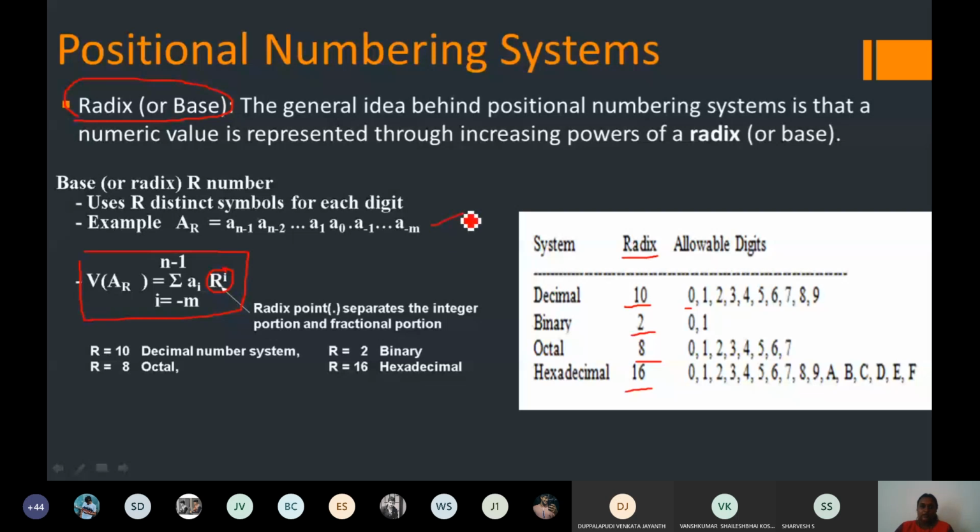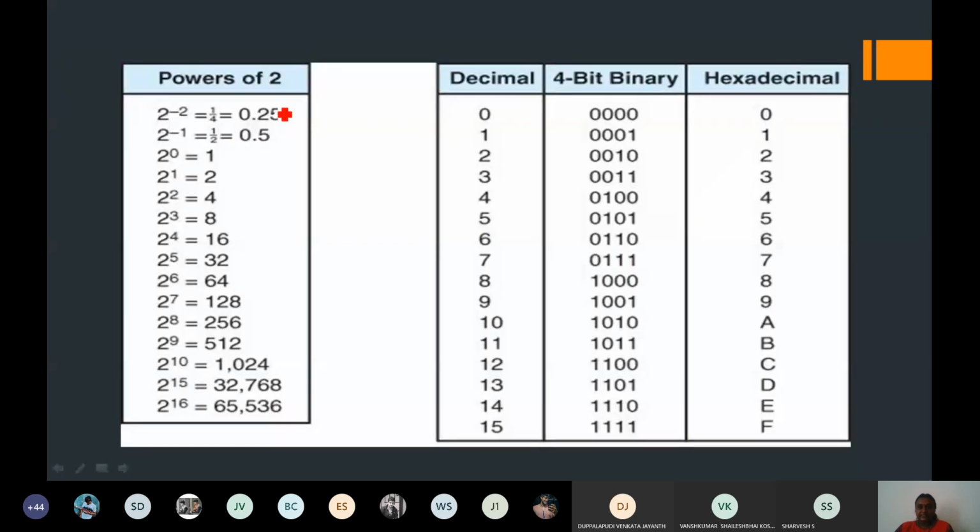Now, if we are going to represent the values in terms of bits, how will you represent them? For each decimal value, I think in microprocessors you might have already studied this bit representation. What is the base of decimal? It is going to be 10. What is the base of binary?